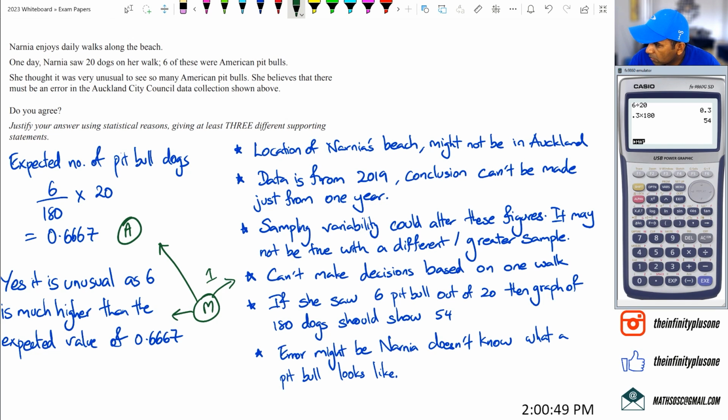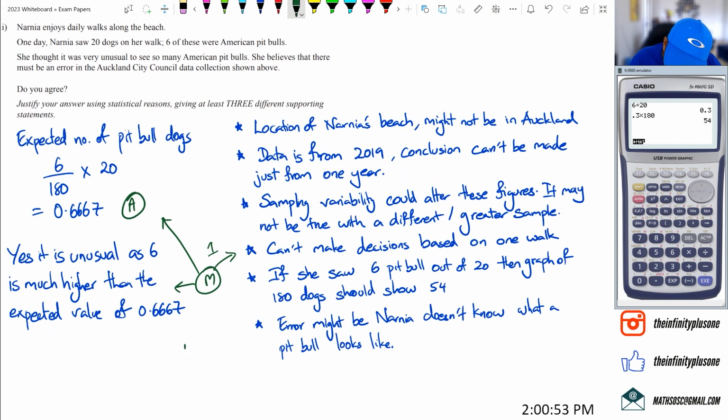And for E7, you need 2 of these statements, and then for E8, you need 3 of these bullet points there to get an excellence, which is worth 8 points there.